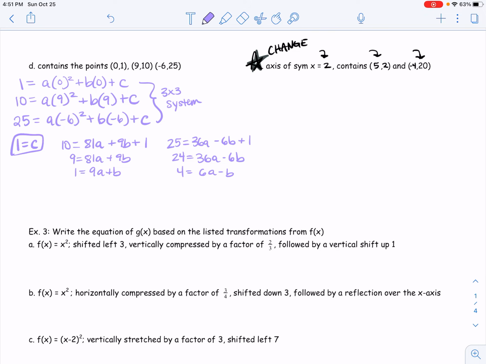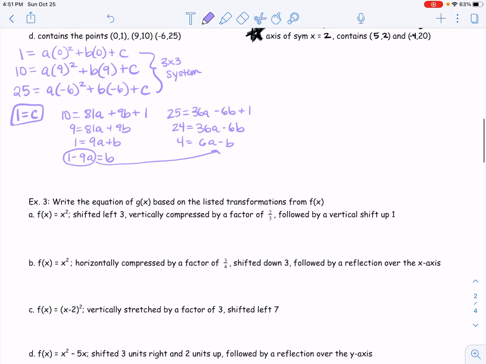And so what I'm going to do is solve one of these for a variable and do a substitution. I'm going to go ahead and do 1 minus 9a equals b, and I will substitute it in for my b over here. So this is going to be 4 equals 6a minus (1 minus 9a).